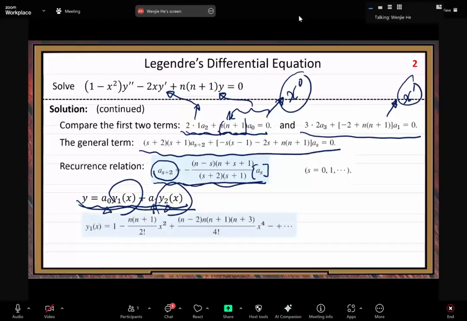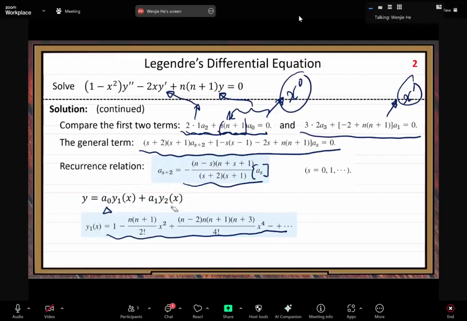So for y1 you can see all the even terms. You factor out the A0 coefficient. Look at that: when you calculate A2, it is determined by A0.